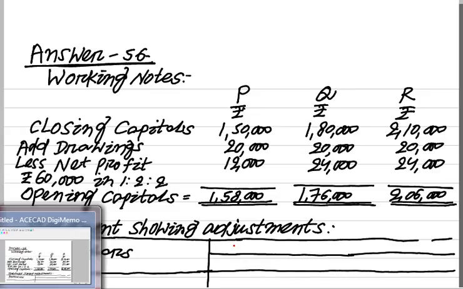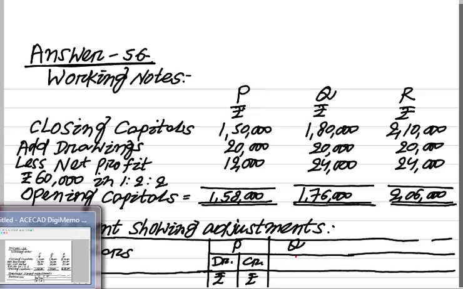This is partner P, this is debit amount and credit amount, and rupees.